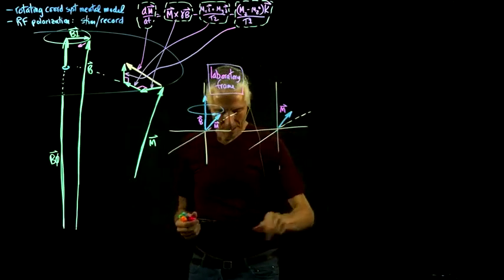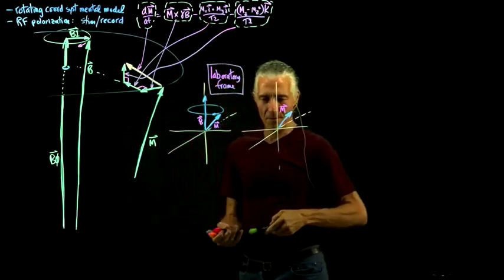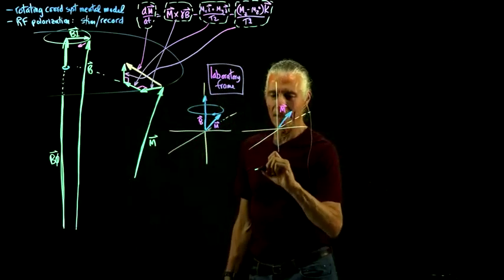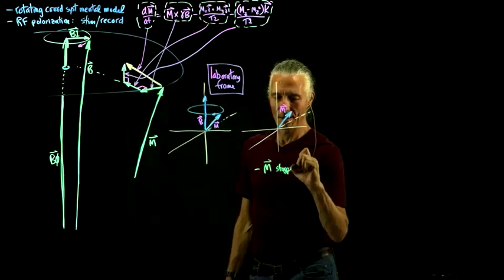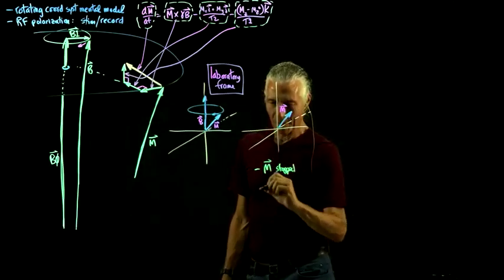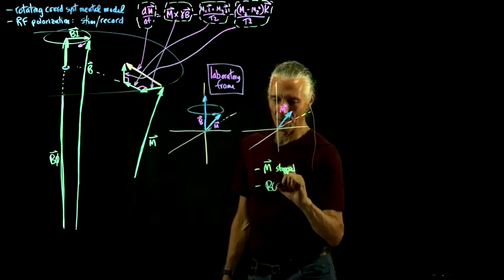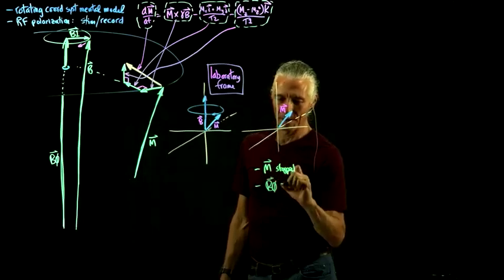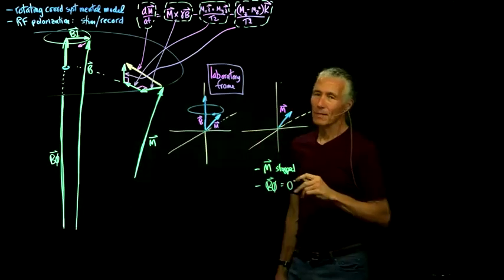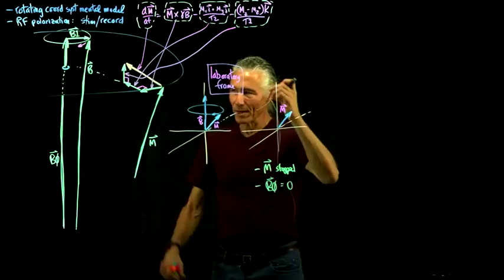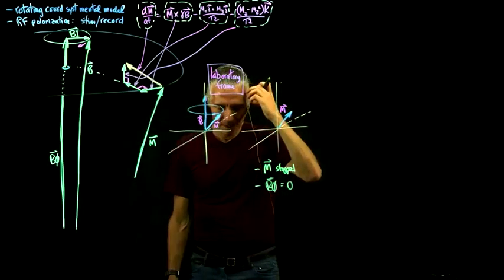M is stopped, and so B0 equals 0. It's just like we turned it off. That magnetization is still there. It can be whatever it is.